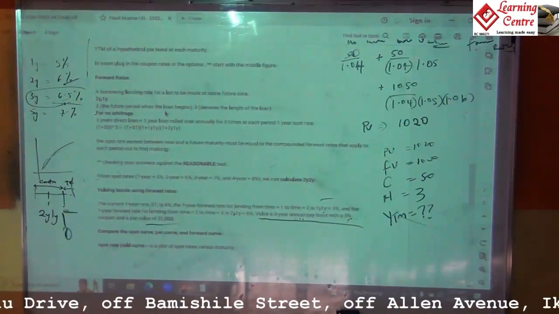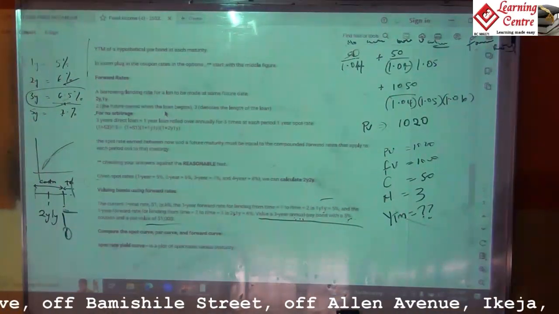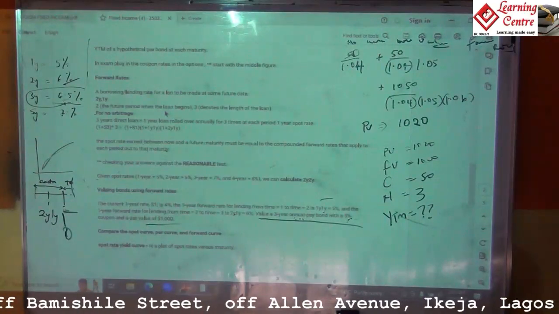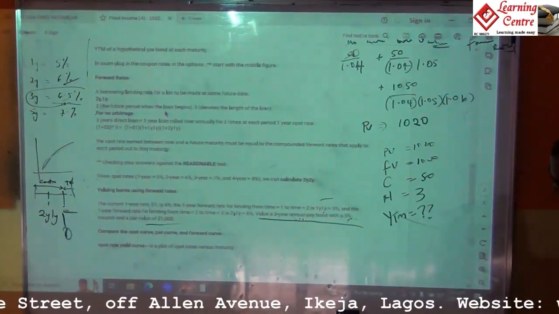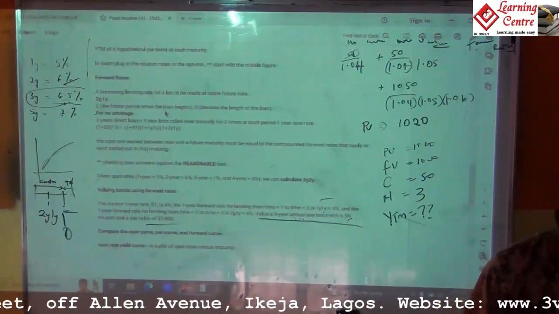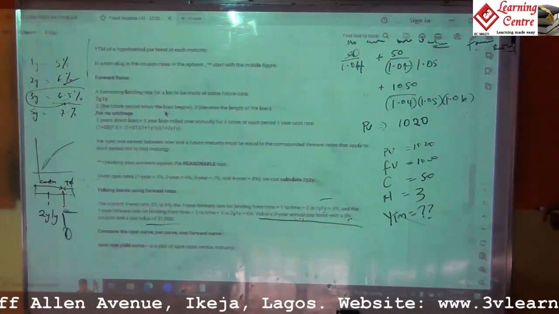You can see how we are linking everything together. I price the bond using the forward curve, and after doing that, I then find the YTM on that. Very collaborative. You know what this CFA is.